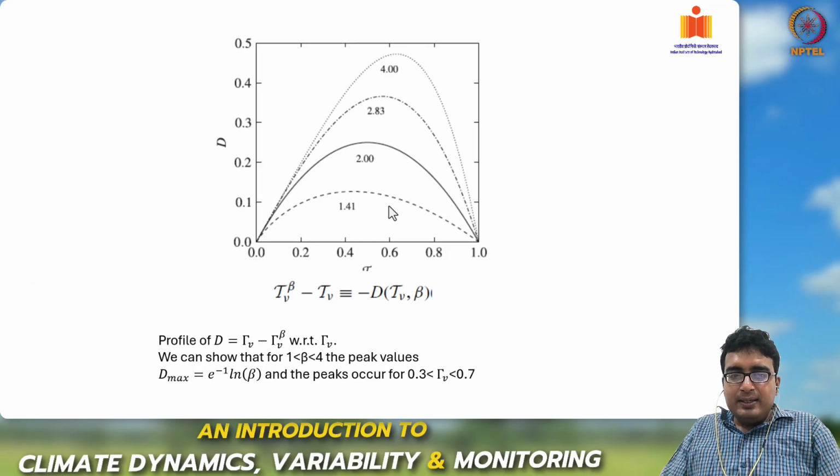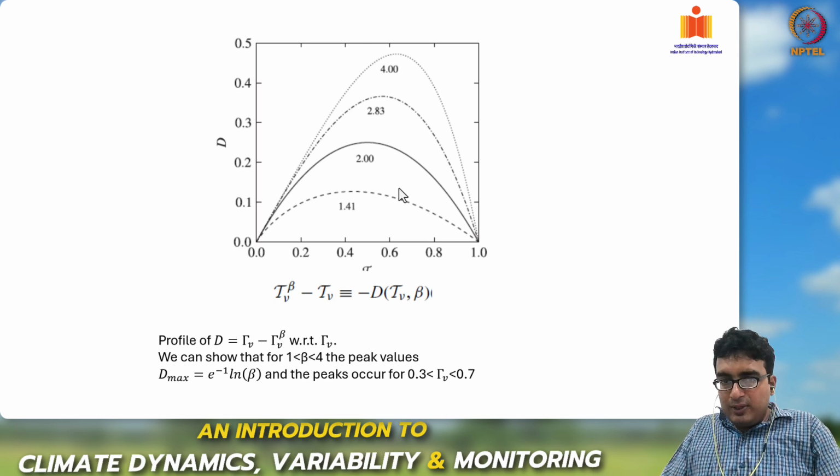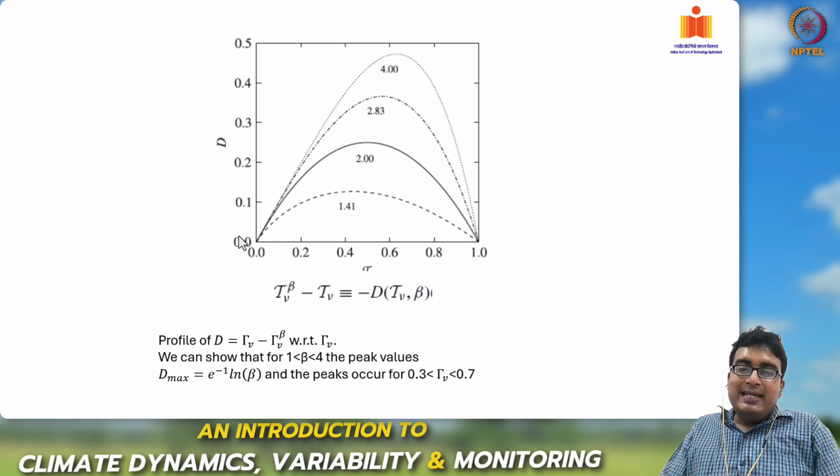And we have seen how d nu is changing in terms of the transmittance gamma for various values of beta. What we saw is this d coefficient is 0 both for transmittance values of 0 and 1 and has highest value between transmittance values of 0.2 and 0.8, depending on where the beta value is located.